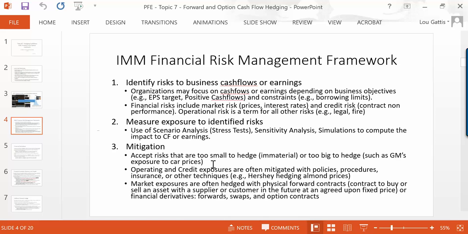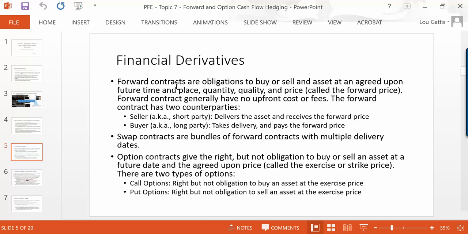So we're going to decide that we're not going to accept gold risk, but we're going to hedge it. We could hedge it using a physical forward contract or a financial forward contract, and then we'll talk about options. A physical forward contract is just a contract with somebody to buy all your gold at a fixed price. Therefore, you'll know exactly how much you'll be able to sell your gold for next year. So that's a forward contract.